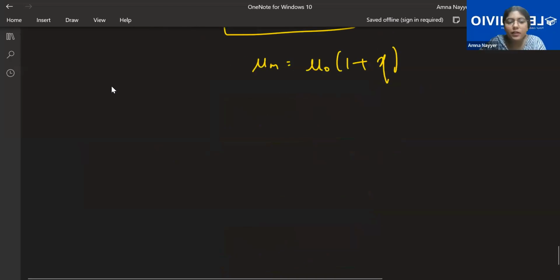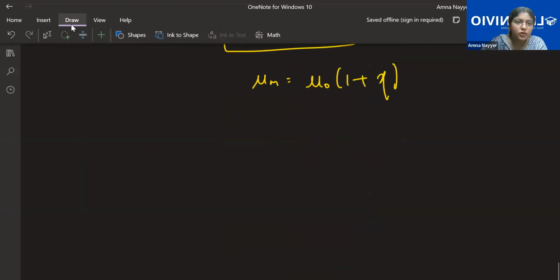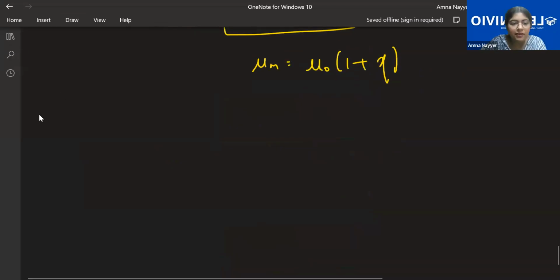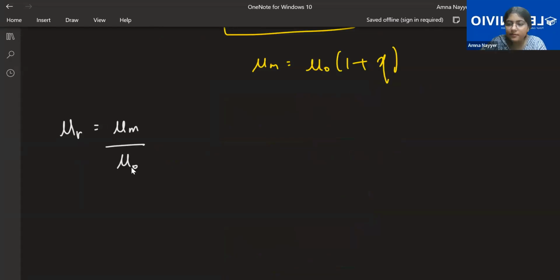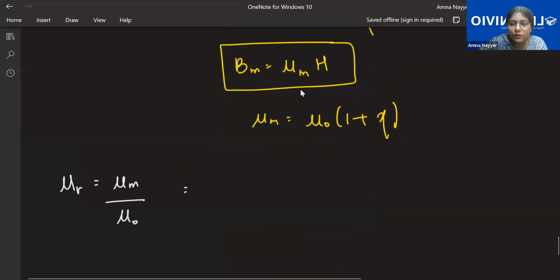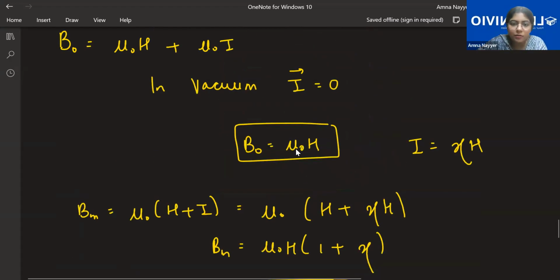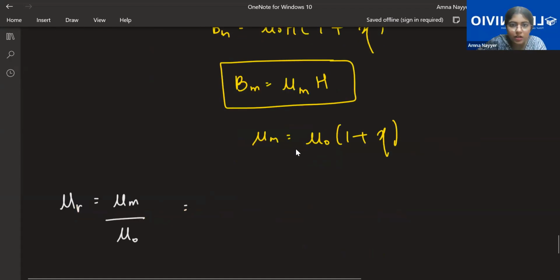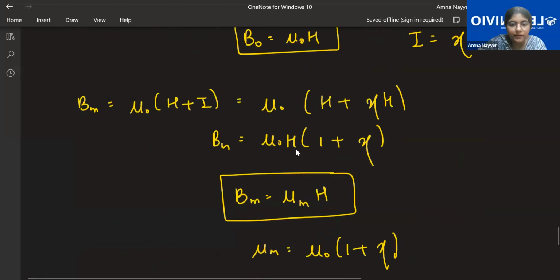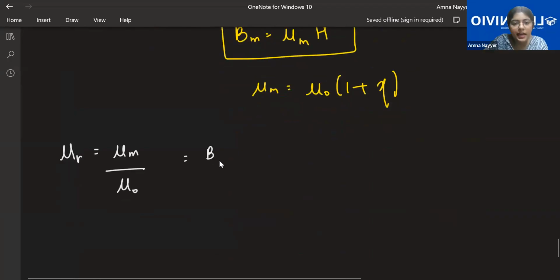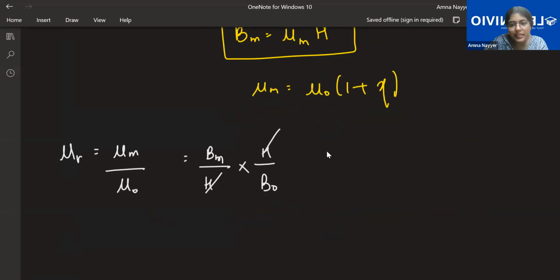Now this I over H is known as susceptibility. For the susceptibility, we have one more formula. If I write mu r will be mu m by mu naught, then from this formula, mu m will be equal to B m by H, and mu naught will be equal to B naught by H. The H gets cancelled.